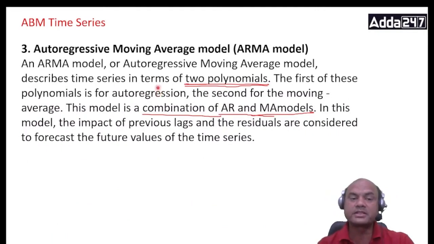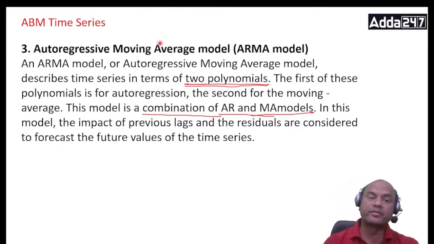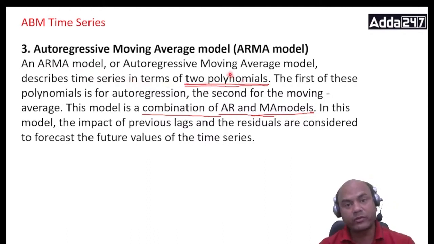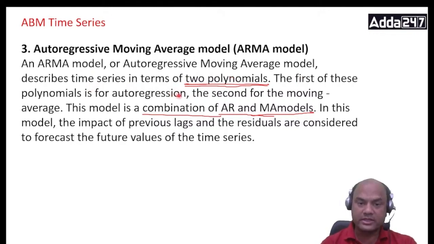And now it's a combination, ARMA. Third one, the ARMA model or auto-regressive moving average model. The ARMA model describes a time series in terms of two polynomials. Remember, again underlined words, two polynomials. The first of these polynomials is auto-regression and the second is moving average. So the model is a combination of AR and MA models. In this model, the impact of previous lags and residuals are considered to forecast the future values of the time series.